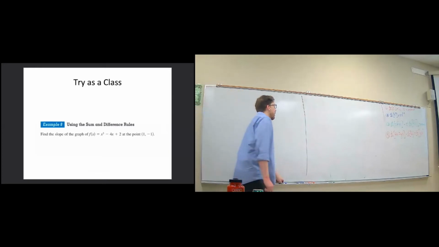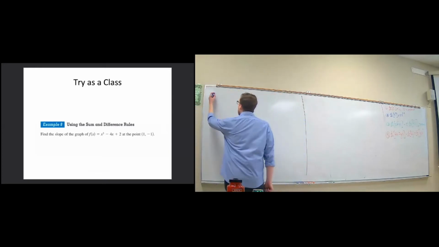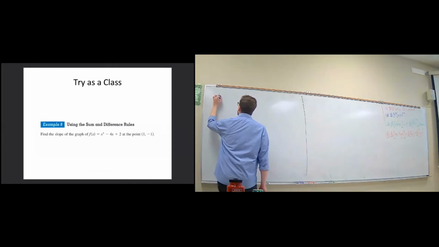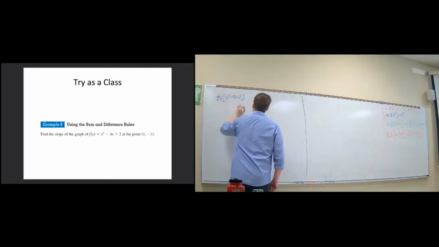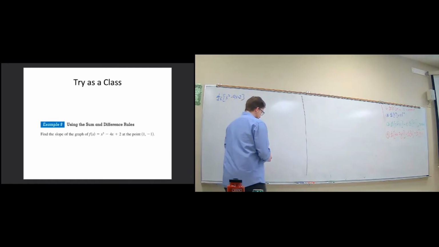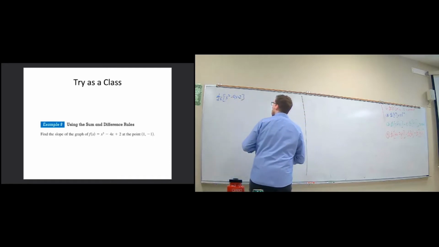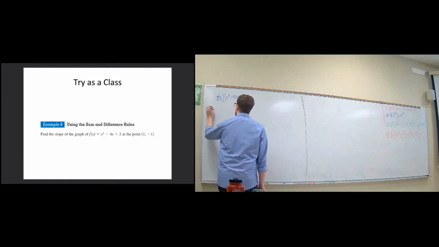We're going to say we want the derivative of x cubed minus 4x plus 2 by rule 4.